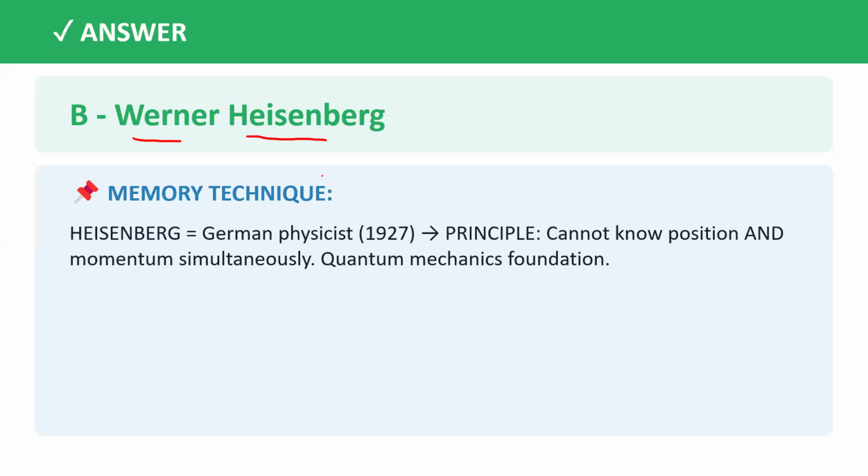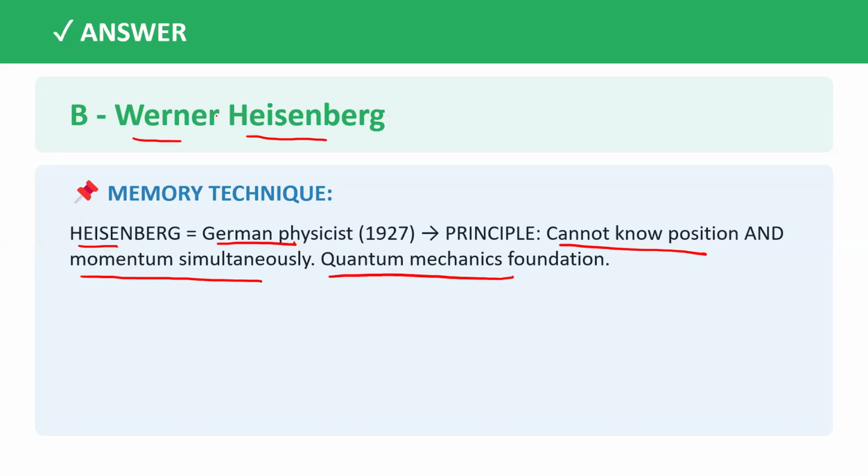So it's a principle in physics. Heisenberg is a German physicist. In this principle, he says that one cannot know position and momentum simultaneously, and it was the foundation of an important branch of physics, that is quantum mechanics.